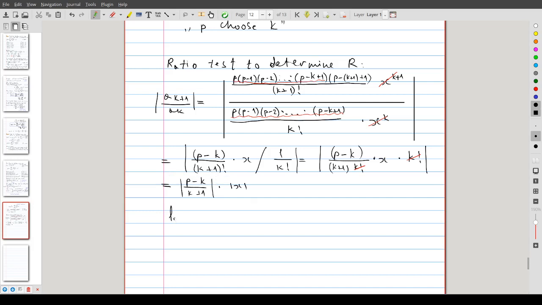So my next step is to take the limit when k goes to infinity of this expression times absolute value of x. Observe that I have k to the first power here and here. So I can rewrite this as the limit as k goes to infinity of (p over k minus 1) divided by (1 plus 1 over k).